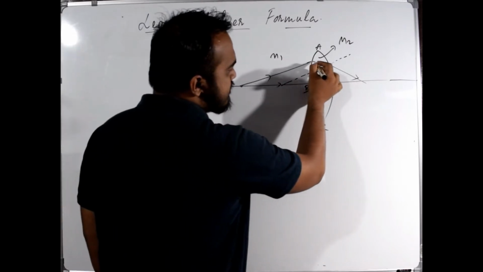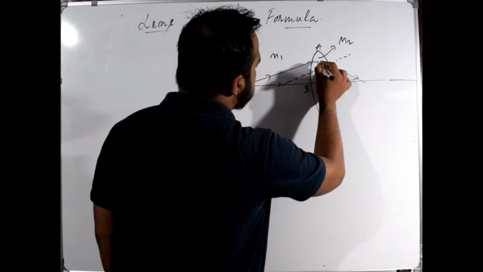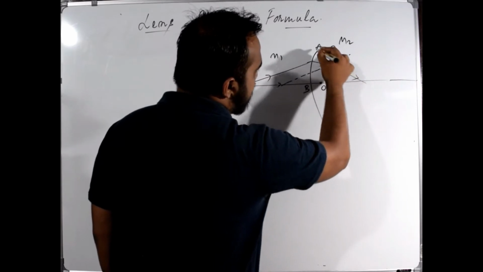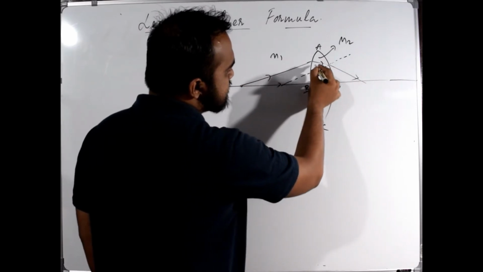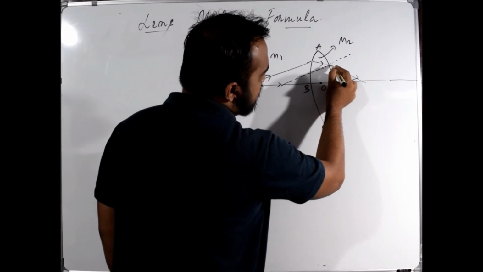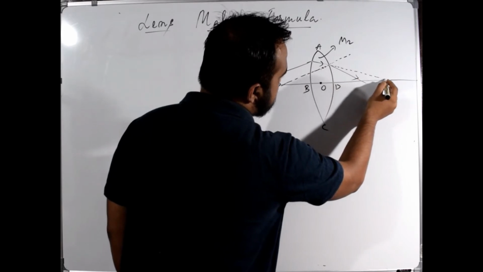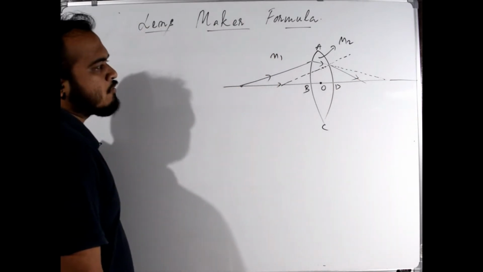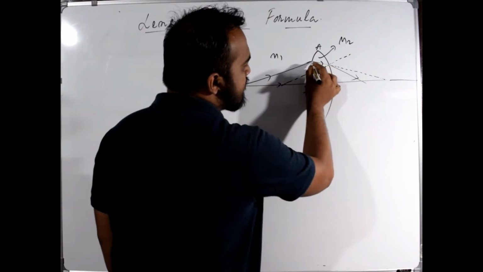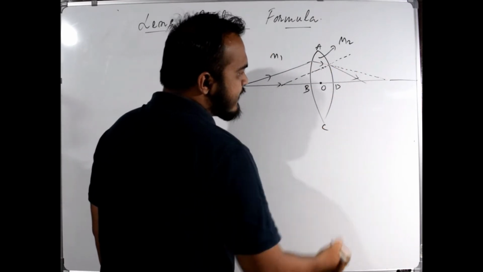Let us consider a normal on this surface ADC, and a normal on the surface ABC. Suppose this line is the normal on the surface ABC.